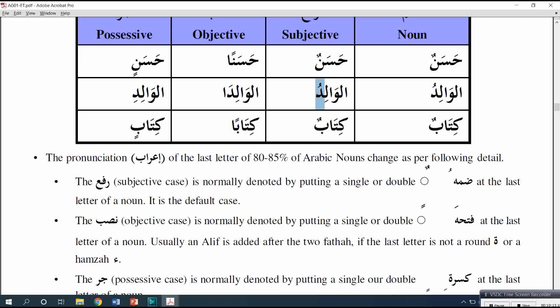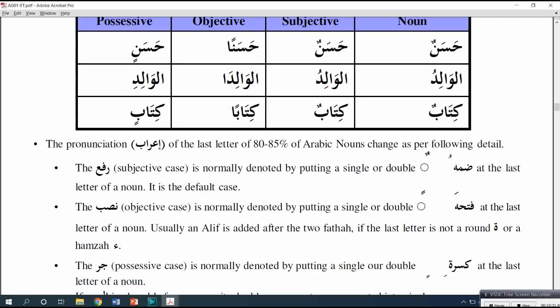The nasb is normally denoted by putting a single or double fath. So a single fath might happen, or it may be double, like fataha or fatahan. Usually an alif is added after the two fath, after the last letter, as you know.